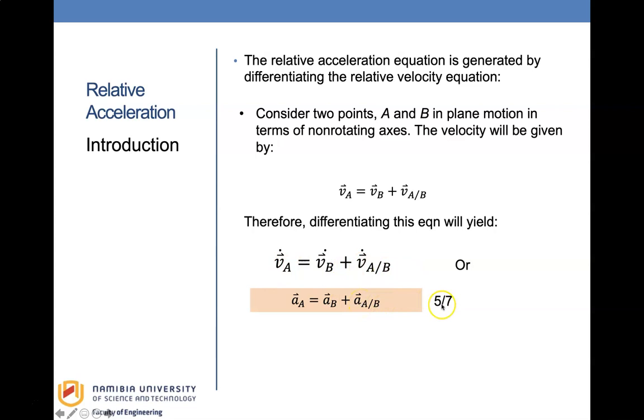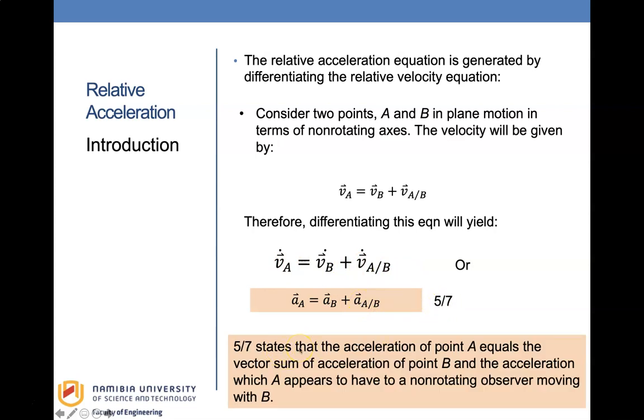Equation 5.7 states that the acceleration of point A equals the vector sum of the acceleration of point B and the acceleration which A appears to have to a non-rotating observer moving with B.